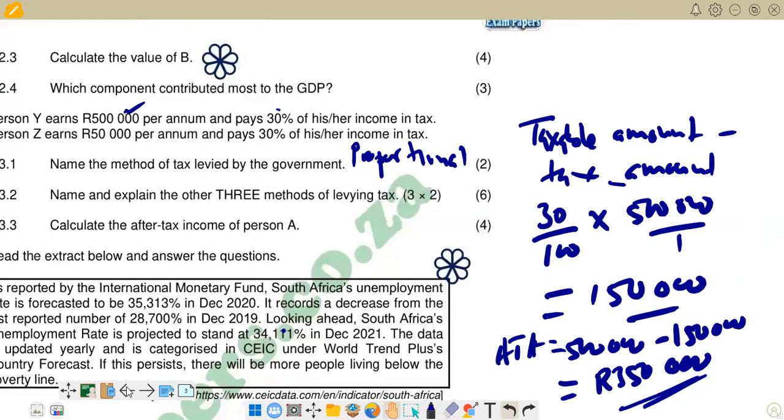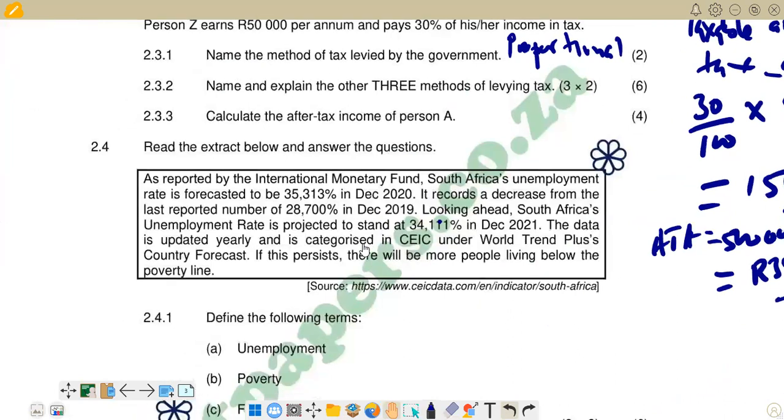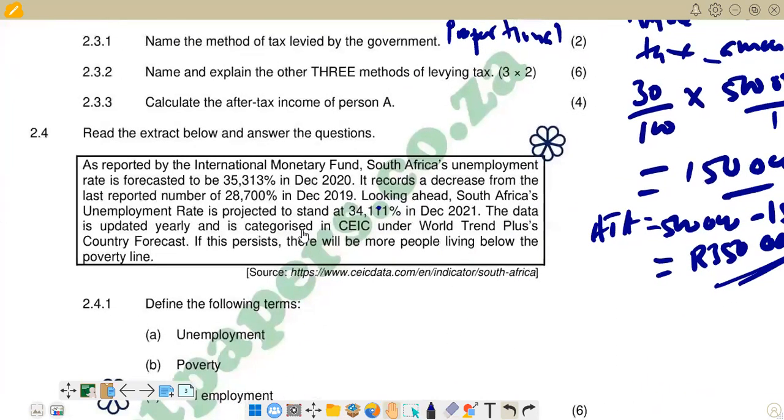The next question is saying we are given an extract. So I will read the extract. The question is: read the extract below and answer the questions. The extract reads: as reported by the International Monetary Fund, South Africa's unemployment rate is forecasted to be 35.313% in December 2020.